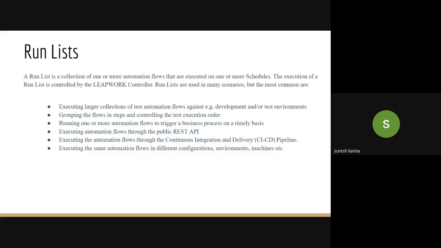Executing the automation flows through the public REST API, and executing the automation flows through the continuous integration and development pipeline. This is one of the architecture methods used in the testing process. Then executing the same automation flows in different configurations and environments, testing in various products in different industries.